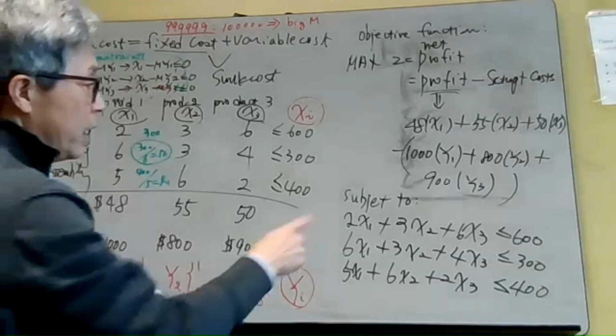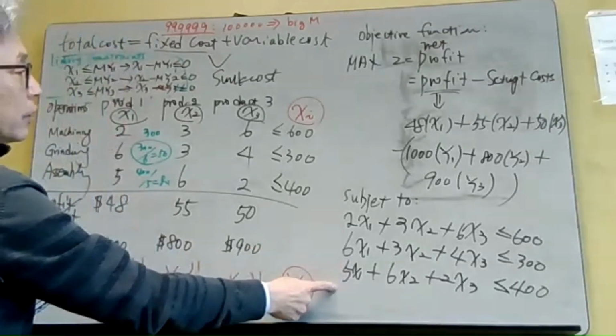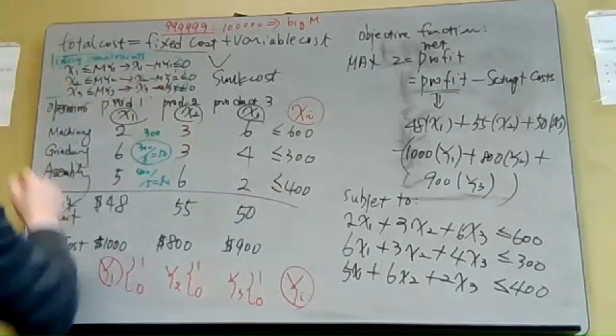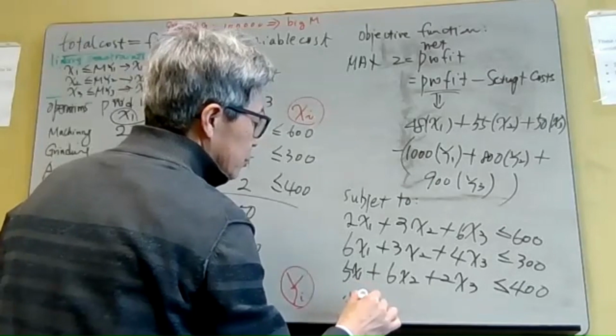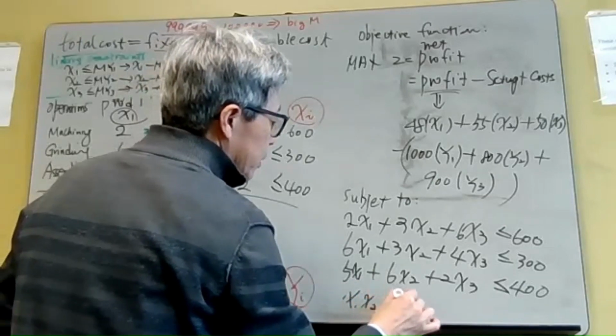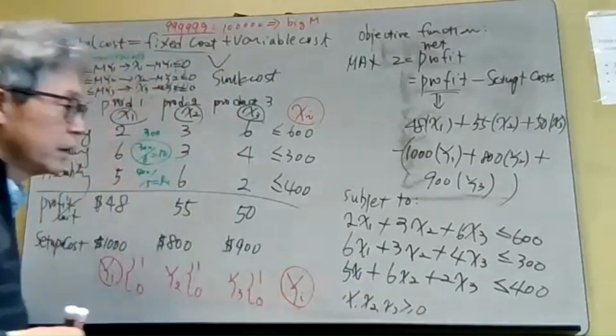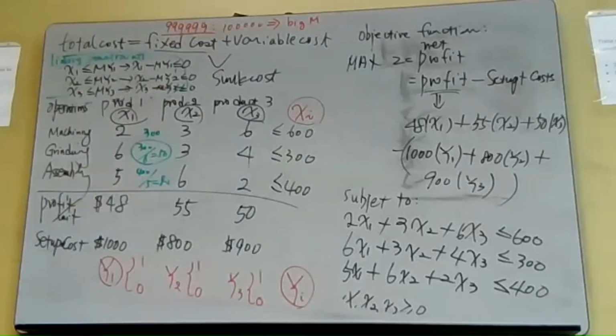So we have the 3 constraints, and then the 3 linking constraints, and then x1, x2, x3 should be greater than or equal to 0.